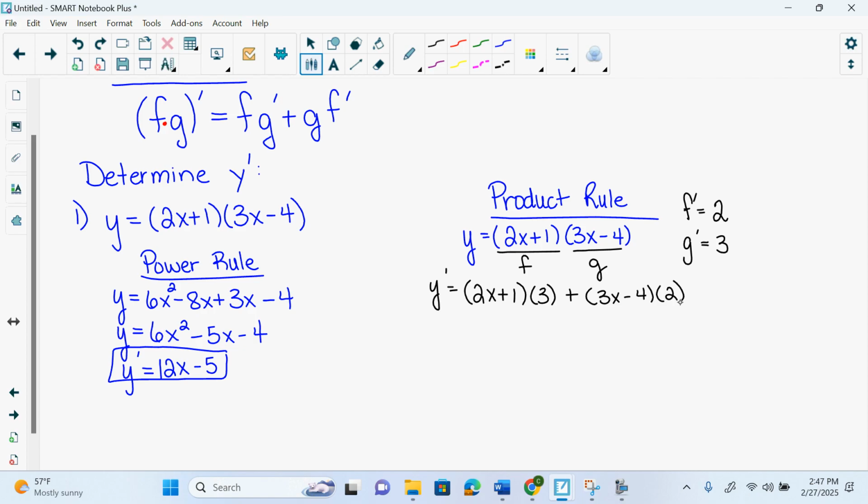This one you have to expand and then do the derivative in the very last step, right? Sometimes you don't get a choice. It has to be product rule because you can't do power rule. So we're going to get 6x plus 3. So if you're like, I'm never doing product rule, well, that ain't true. 6x minus 8. 12x minus 9.